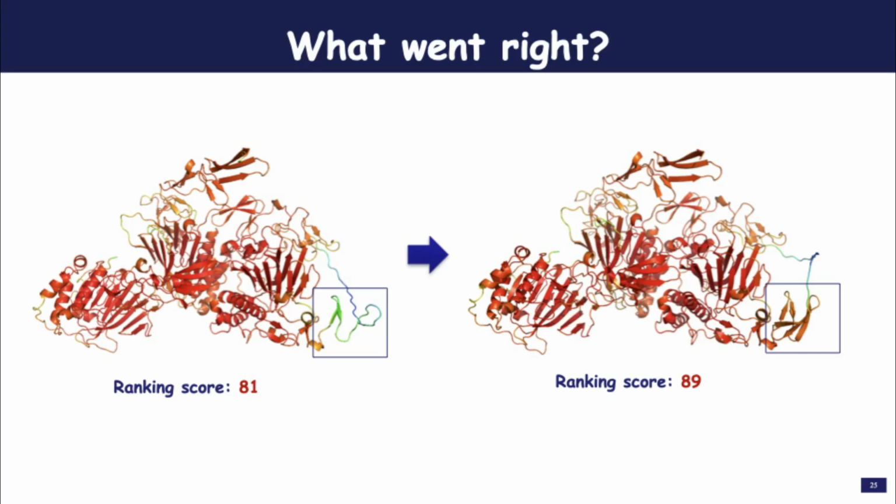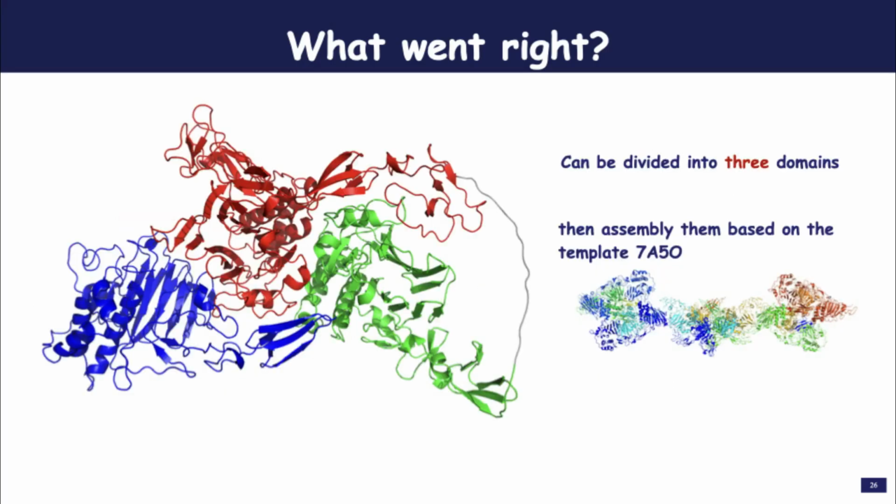It does not matter whether it's good or not, but this region becomes better than before. Okay, sorry. We have 3 domains for this target. Then you can just separate these domains and use the template to supervise, then you get it correct.